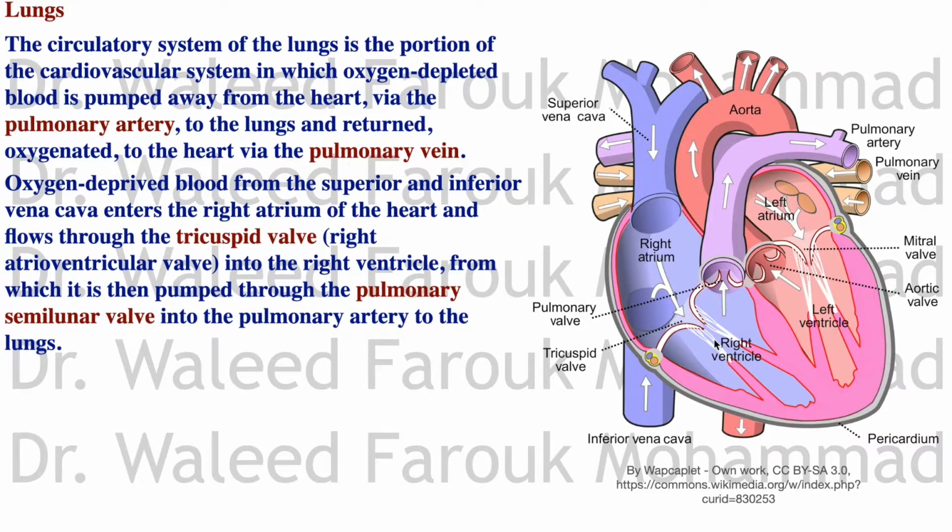This is the tricuspid valve. It separates the right atrium from the right ventricle. So the blood flows into the right ventricle, and from the right ventricle through the pulmonary trunk into the right and left pulmonary arteries. And there is a valve here guarding the beginning of the pulmonary trunk, which is the pulmonary semilunar valve.